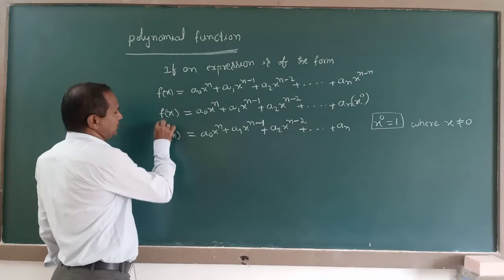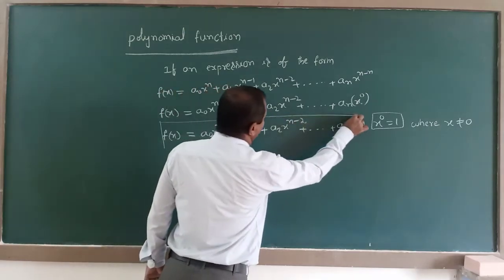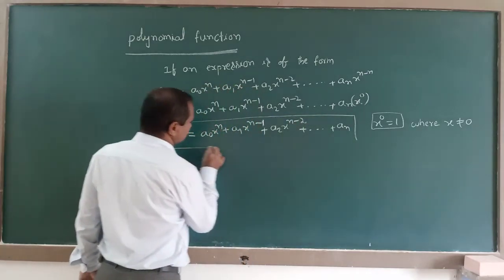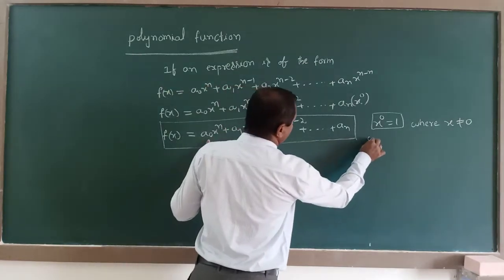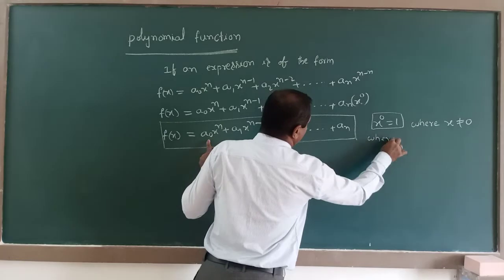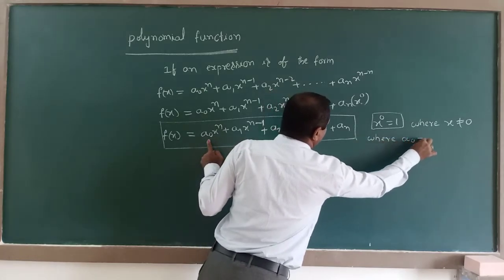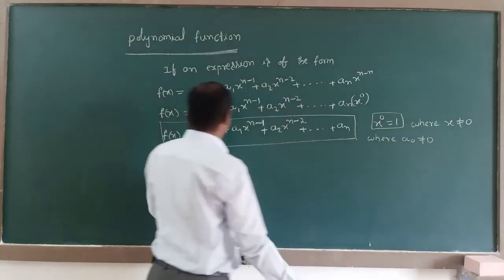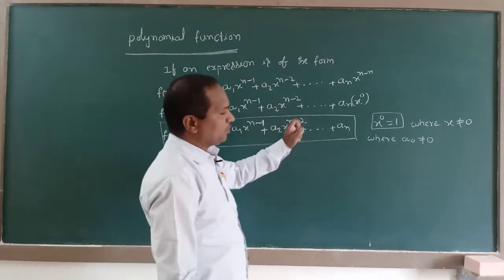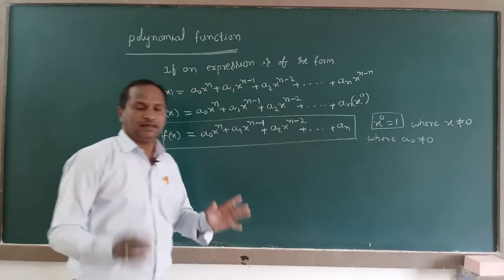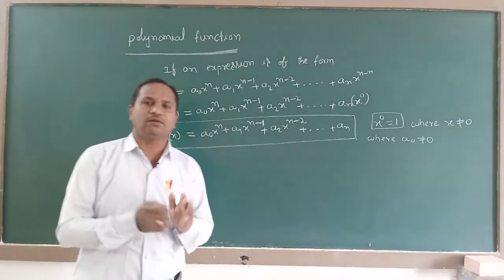It is the expression of a polynomial of nth degree, where a naught is not equal to 0. At the same time, we are telling that a naught, a1, a2, up to an are real constants, real numbers.